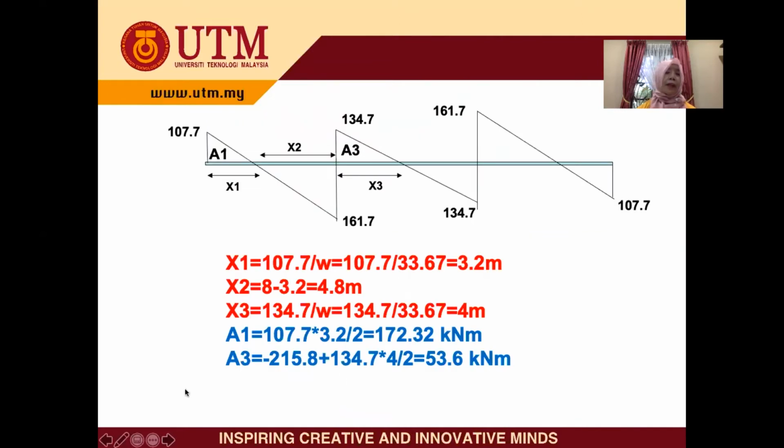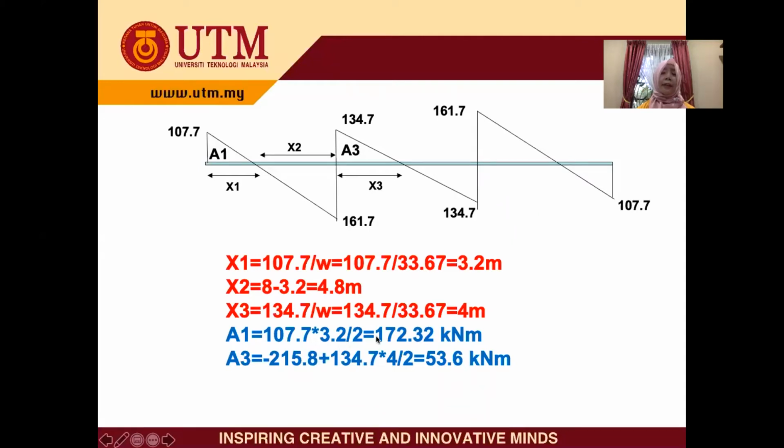Before we calculate the area, the first thing is that you need to get the distance, for the area of the triangle. So we need x1. x1 is equal to the shear force here divided by W. So we got 3.2 meter here. x2 is 4.8 meter. x3 we got 4 meter.